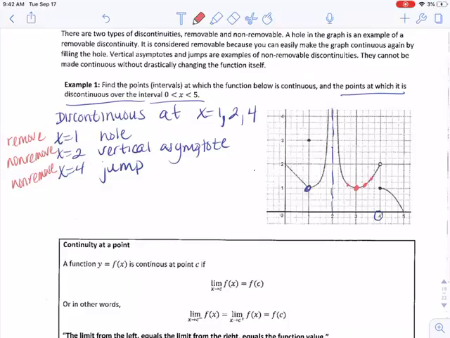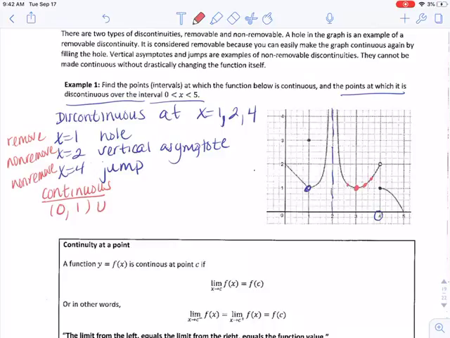The intervals where it's continuous, you always read your graph from left to right. It's continuous on the intervals from 0, starting with, and you use x values. So from 0 to 1, and even though 1 is not included, you put a parenthesis. So it's continuous from 0 to 1.